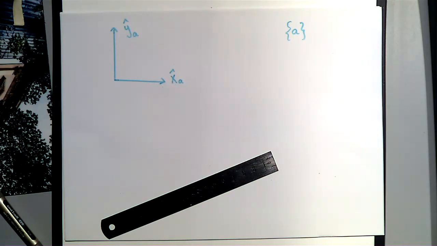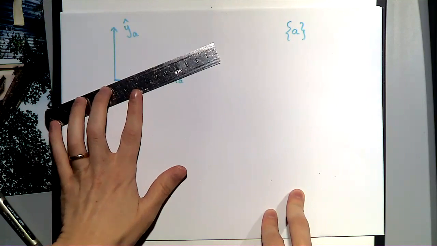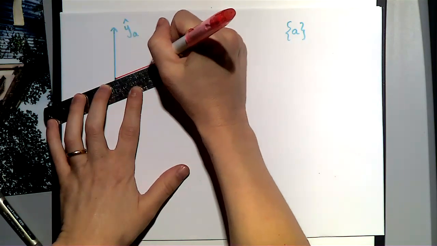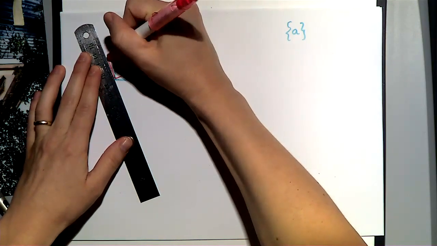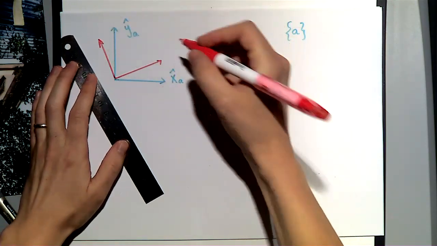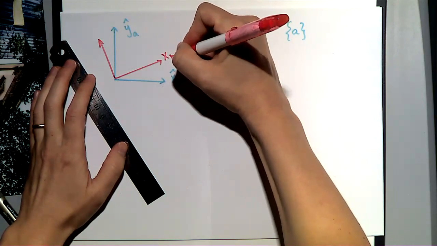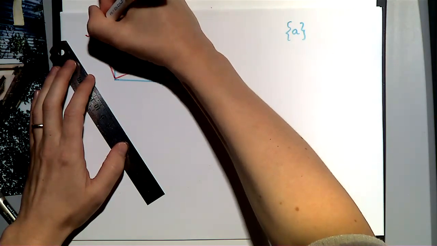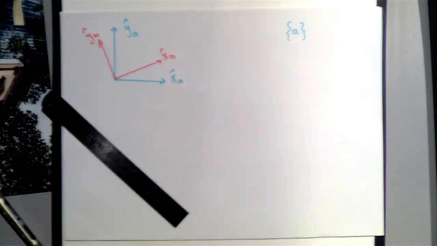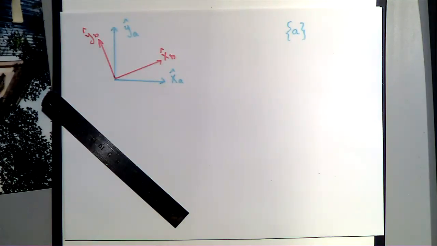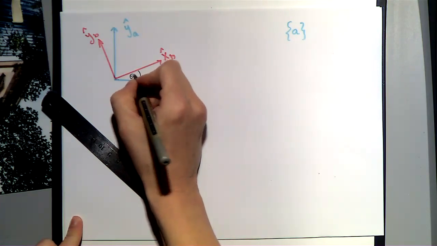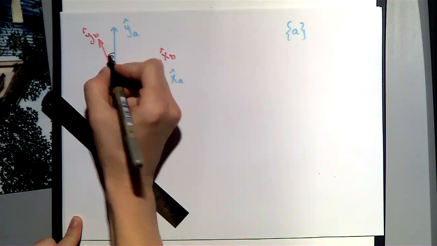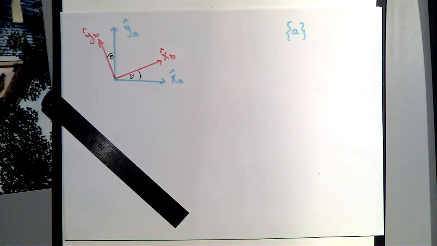Okay, and now let's say I'm having a frame B, or coordinate system B, like this, in a different orientation. This one is XB and YB. And let's say that the relative angle between them is theta.